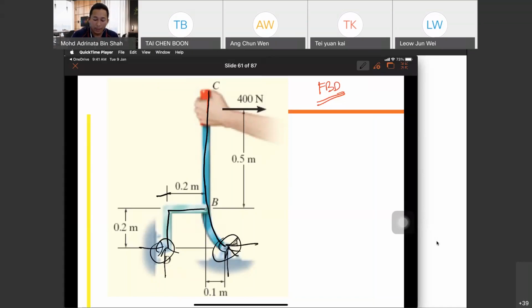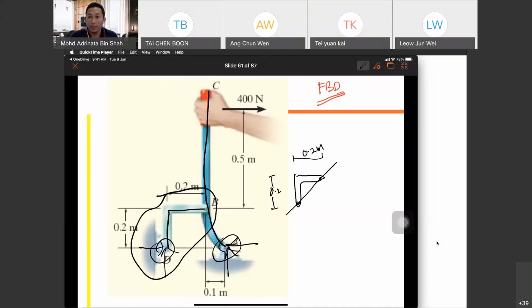And BD. So we look at our BD. We have 0.2 and 0.2 meter. So this point and this point will have equal magnitude with opposite direction and must be collinear.